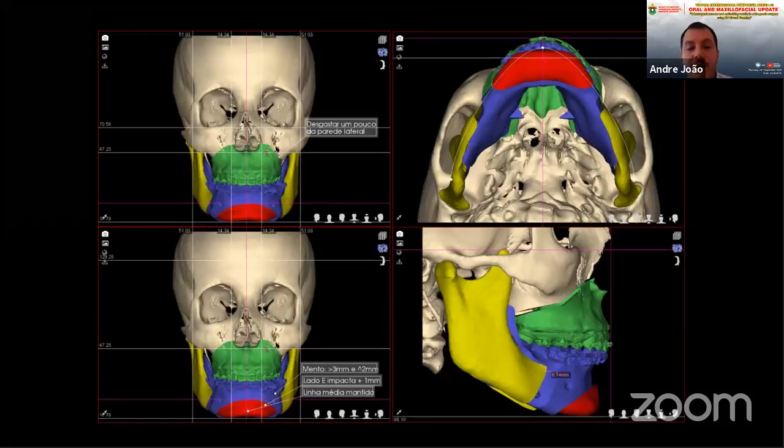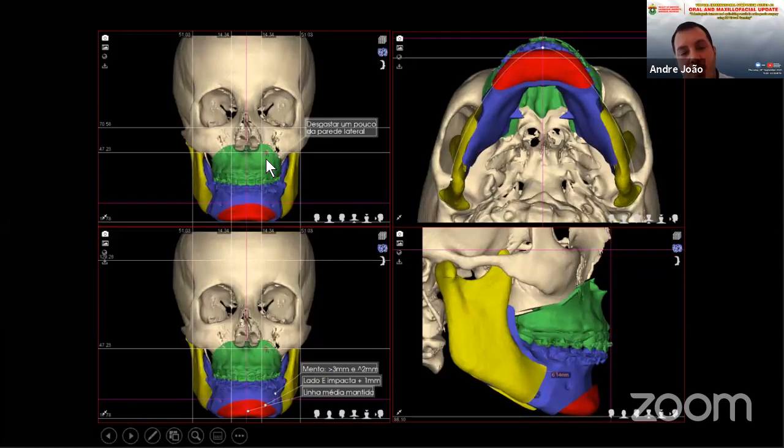And usually, when I go to surgery, I take all this information with me, which helps inside the operating room. I know how much I'm going to move.